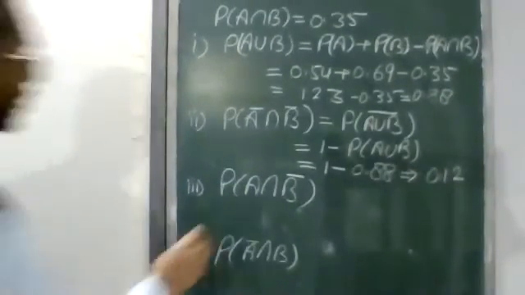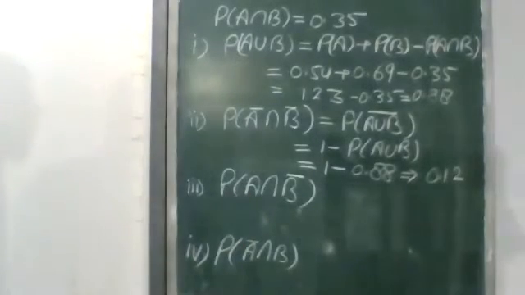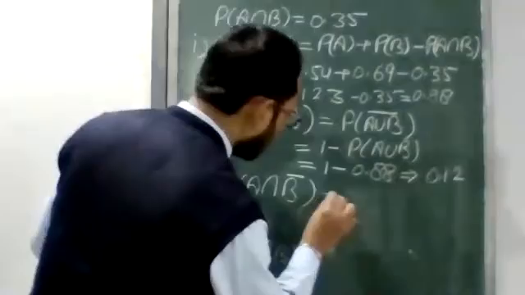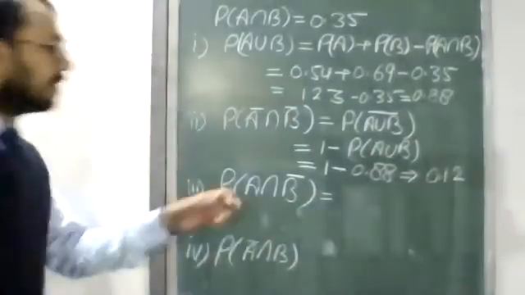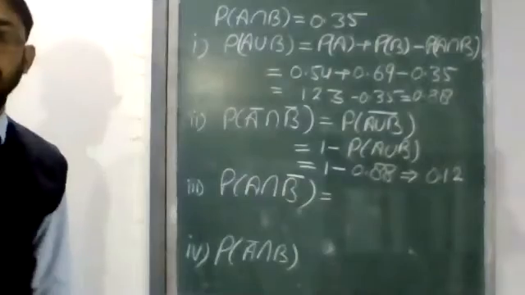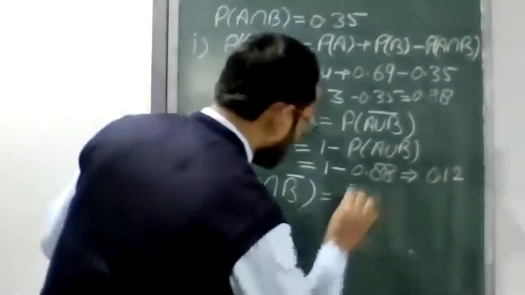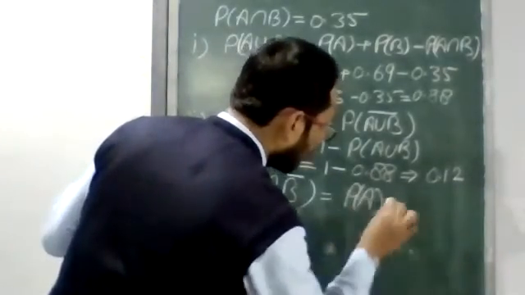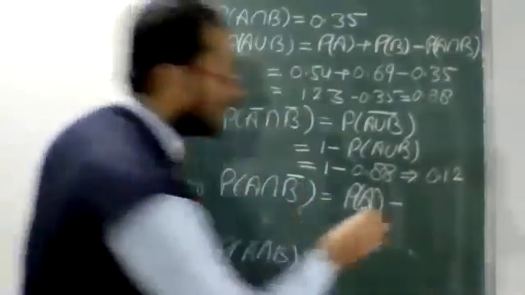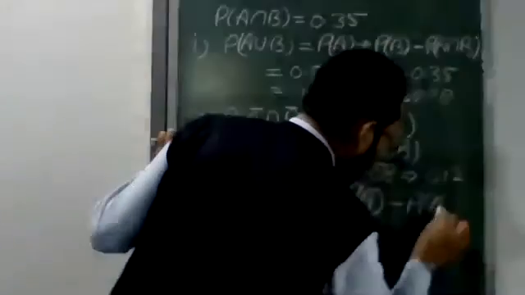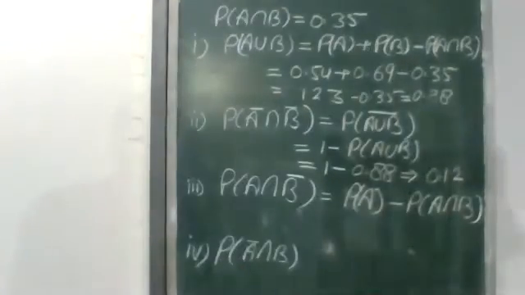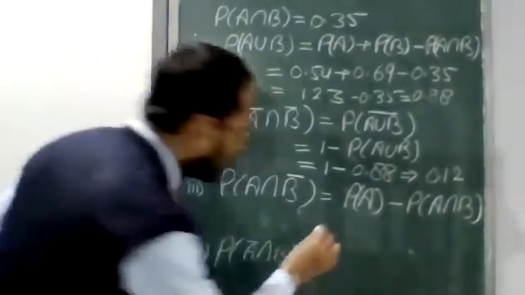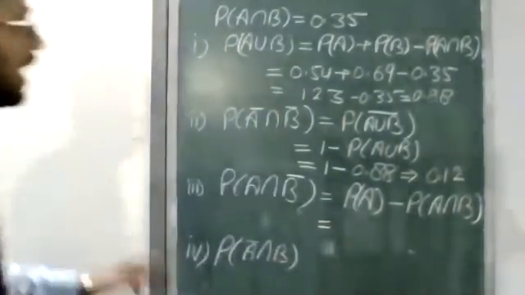Now next, the probability of A intersection B naught can be written as the probability of A minus B, and the formula for this is the probability of event A minus the probability of A intersection B. What is the probability of A?